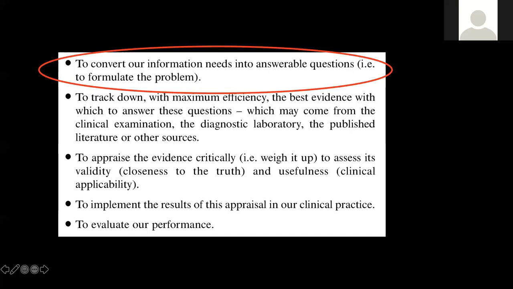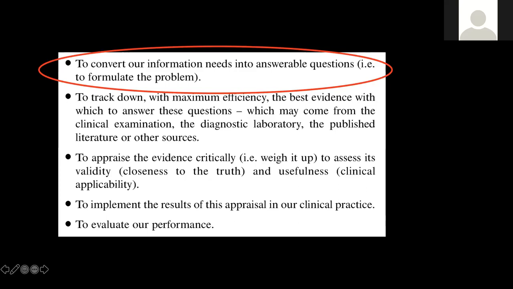But the most important thing before setting out to downloading an article or searching for an article is to convert what information that you need into a question. Unless you ask a standard question, you will not be able to search the literature and you will not be able to evaluate the evidence.